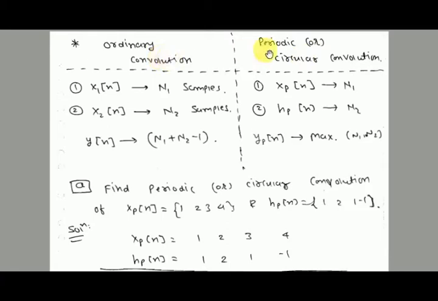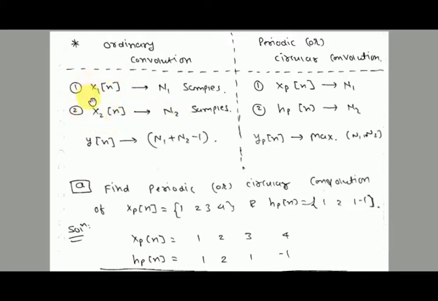So what is difference between ordinary convolution and periodic convolution? Suppose we have two discrete signals, x1 of n and x2 of n, and x1 of n consists n1 number of samples and x2 of n consists n2 number of samples.